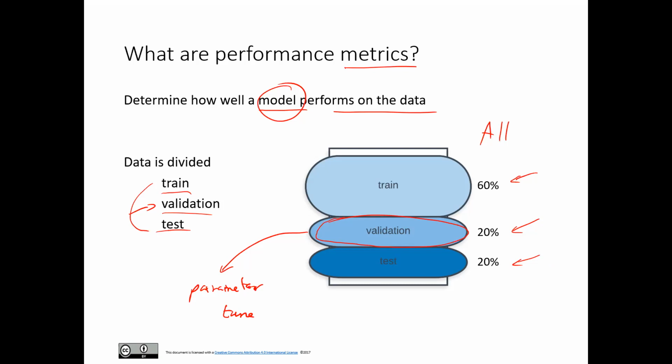Usually I like to do an 80%, 20% split. That's just my preference. It's not necessarily better or worse, okay? But if you remember, the idea is that you always have a data set X and a column Y, right?